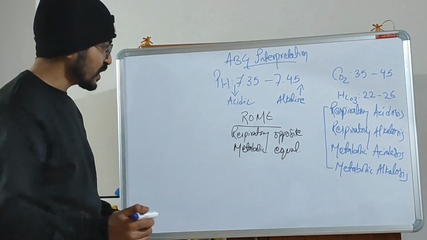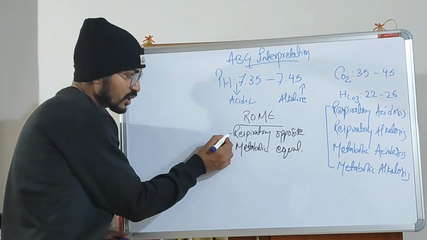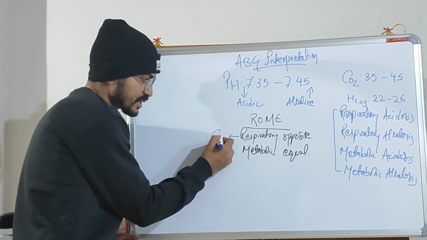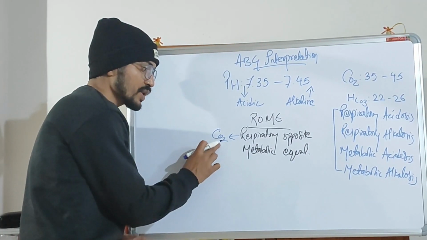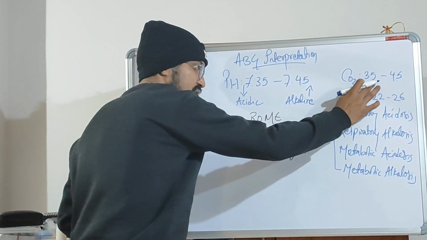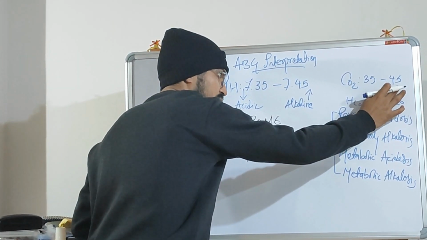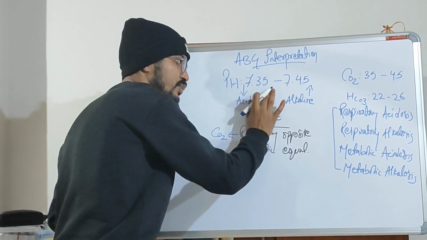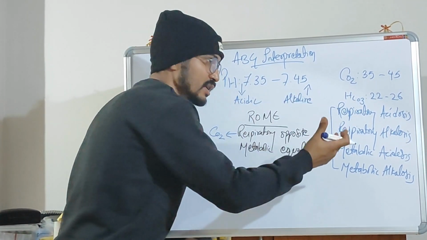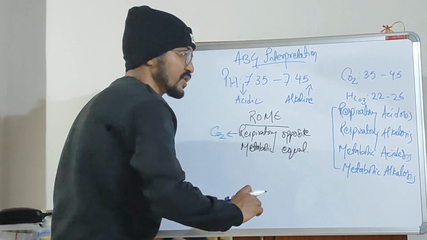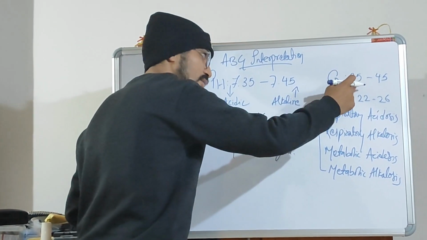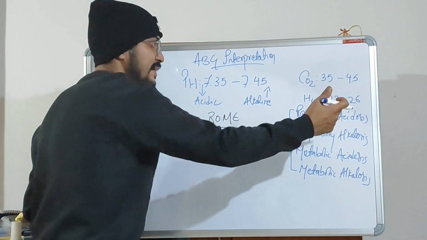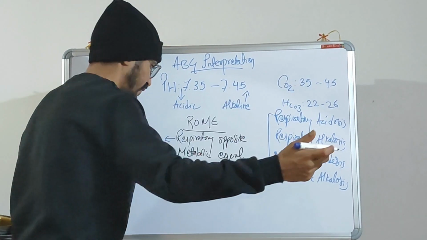Whenever we talk about respiratory, we are referring to our CO2, and we should know its normal range, which is from 35 to 45. Just like pH, in the ABG of our patients we can see the values moving downward below 35, or moving upward above 45.